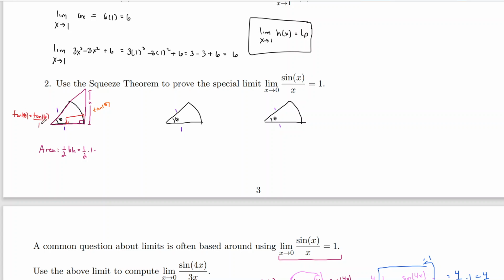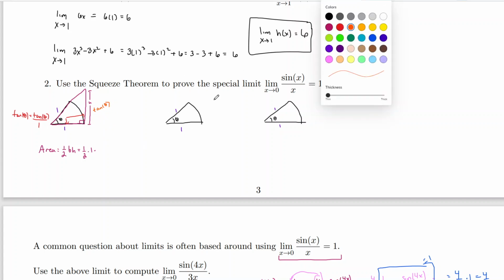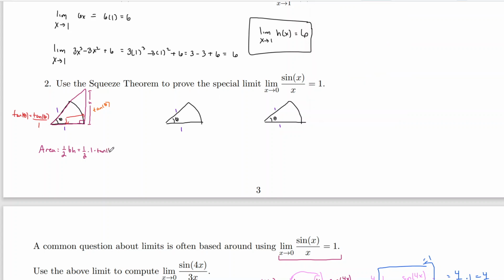And does this work? Yes, tangent of theta definitely equals tangent of theta. So this is just tangent of theta, the height. And let's go ahead and just plug that in. Tangent of theta for the height.